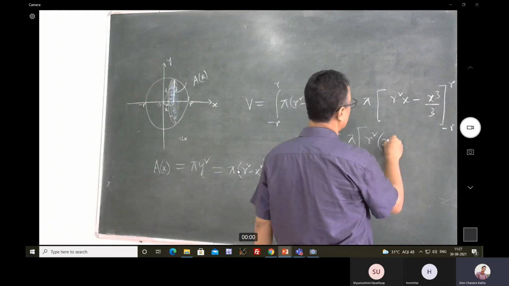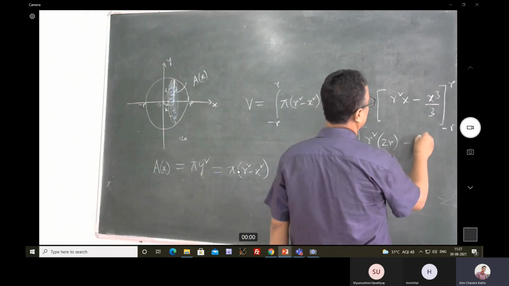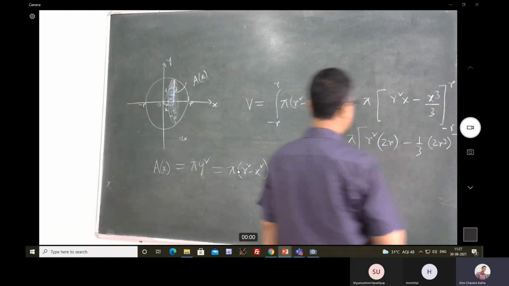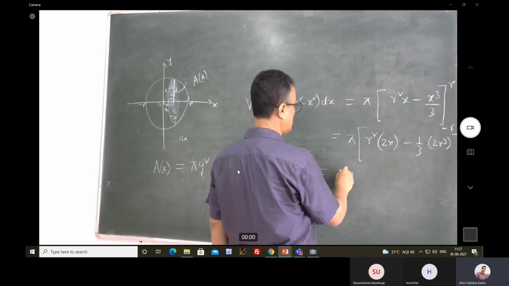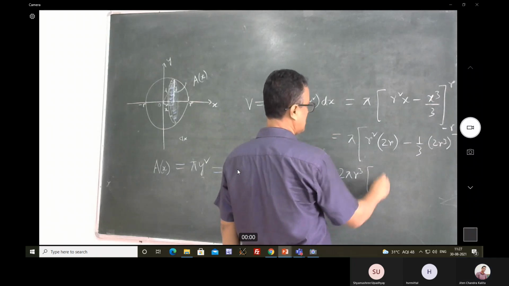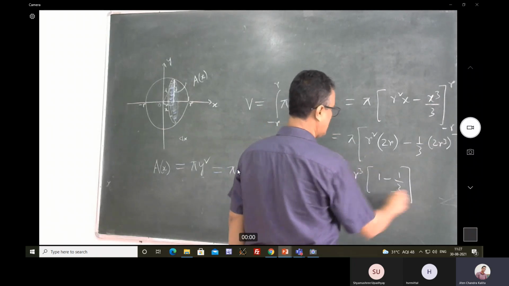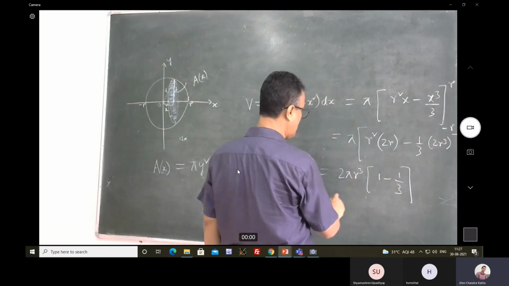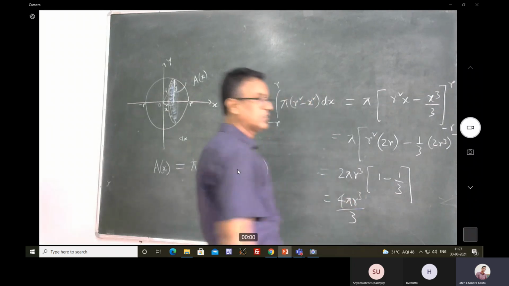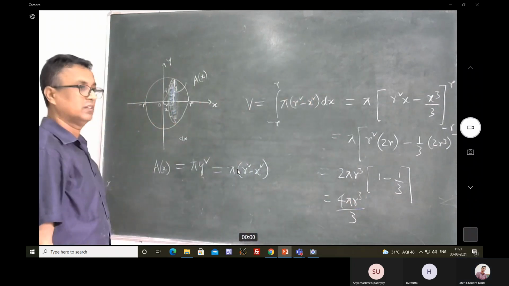This is going to be 2r cubed, so 2 pi r cubed times 1 minus 1 by 3. This is going to be 2 by 3, so 4 pi r cubed by 3. That's as easy as that.